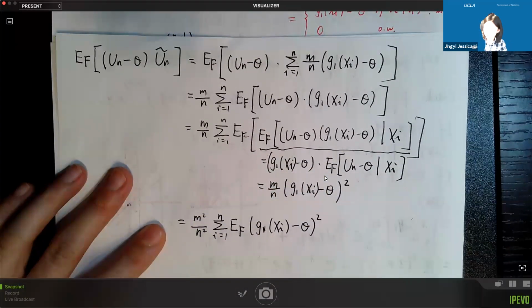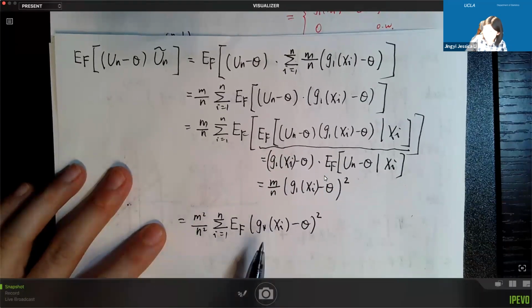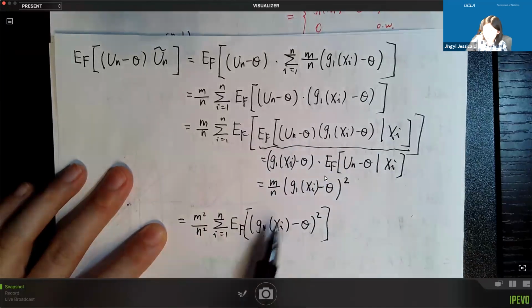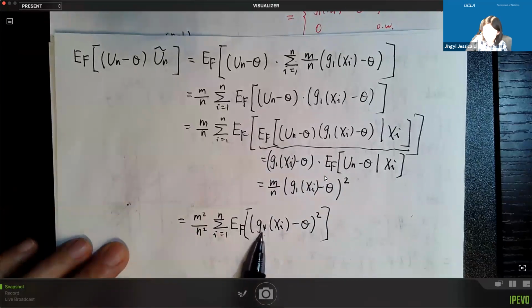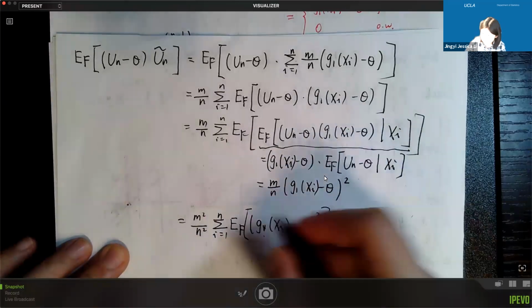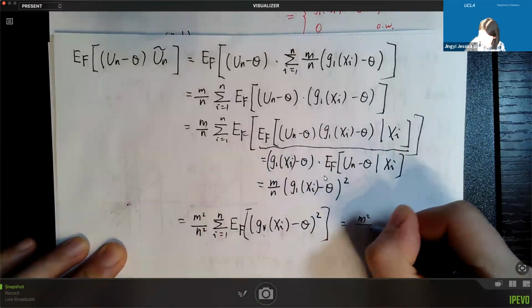This is the expectation of a square, and g1(Xi) has expectation theta, so again, this is the variance. So it's m squared over n squared.